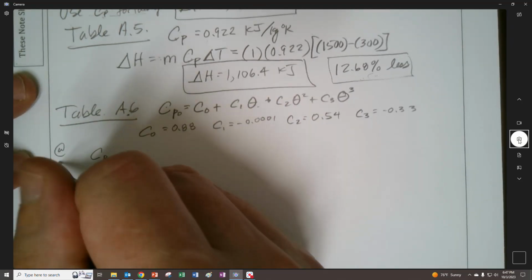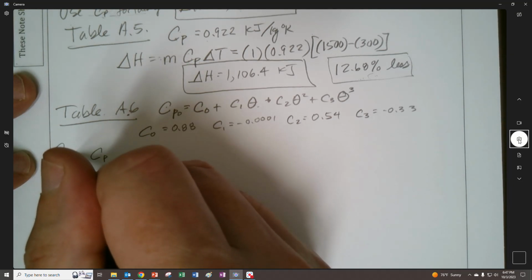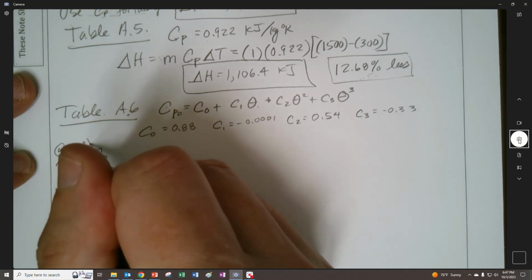So this is at T equals, what are we going to do first? 300 degrees Kelvin.